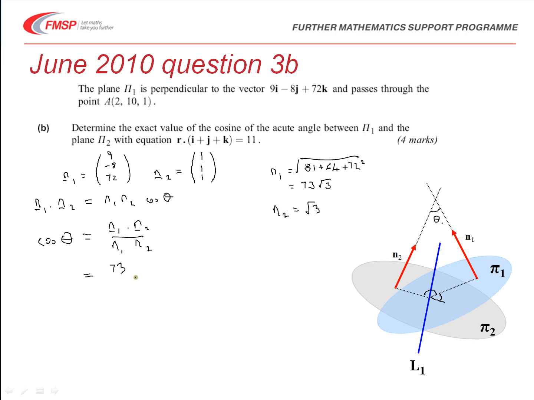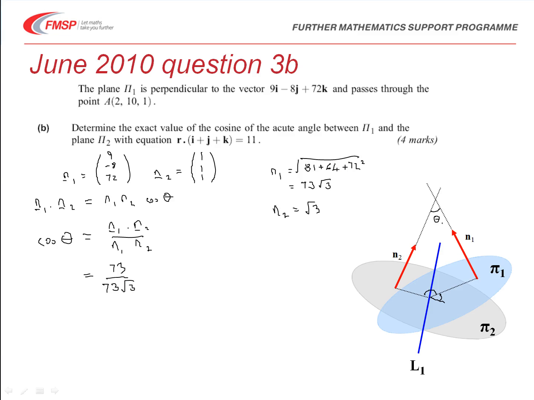And then on the bottom, well, it's going to be 73 multiplied by root 3, because I think, let me just check a moment.